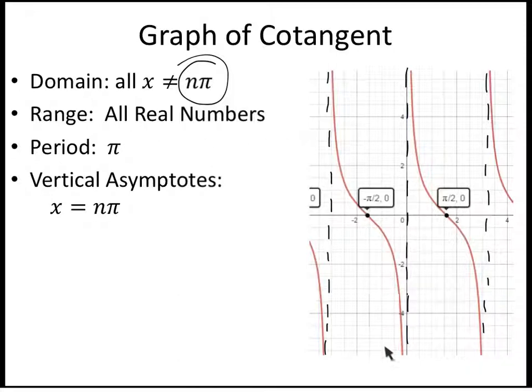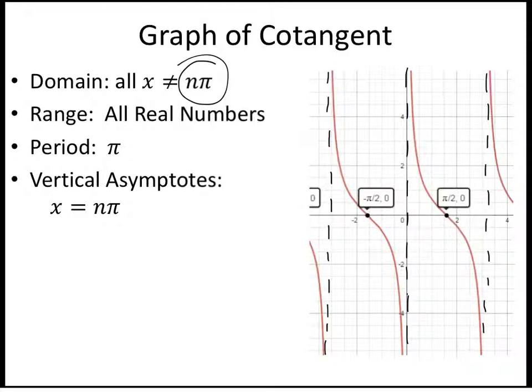We can see that really clearly with our y values here. Our period, again, we can see that happening every pi, and the vertical asymptotes happen every pi. So that means our x-intercepts, instead of happening like they did with tangent, are going to happen on the intervals of pi over 2. So they kind of swap.